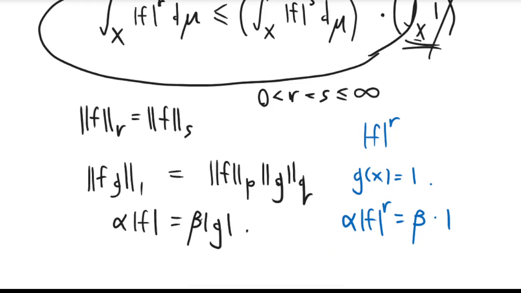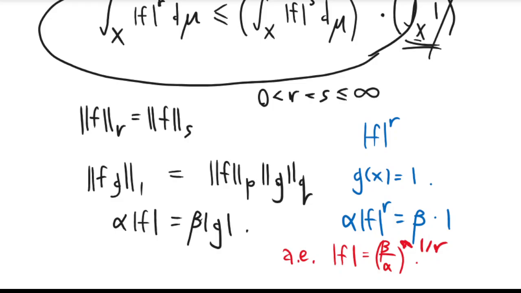So basically this tells us that almost everywhere, the value of absolute f of x is beta over alpha to the 1 over r, and in particular, it's just a constant. Sorry, that should actually be 1 over r.